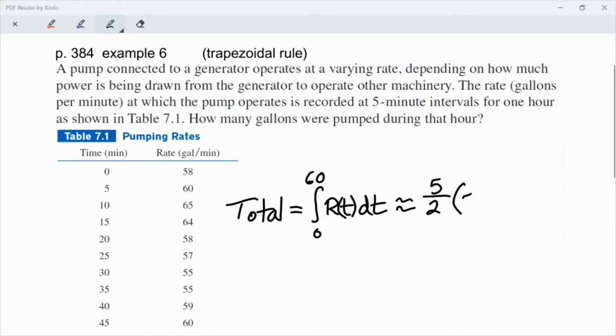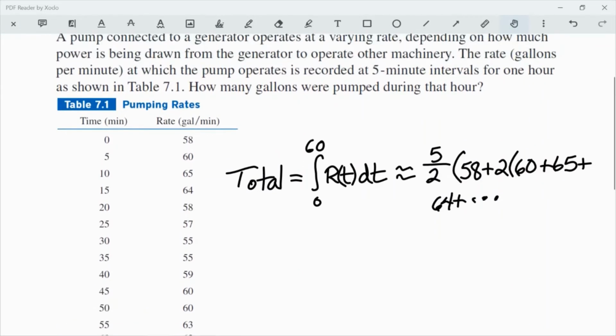So essentially, I've got 58 plus 2 multiplied 2, and then I have all these values in the middle, 60 plus 65 plus, and I'm going to have to use another line here, 64, and so on. Now, ideally, you would write all of these out, but we've got 64, and then we're going to jump down below here, all the way down to that 63 that we have, the second to last number.